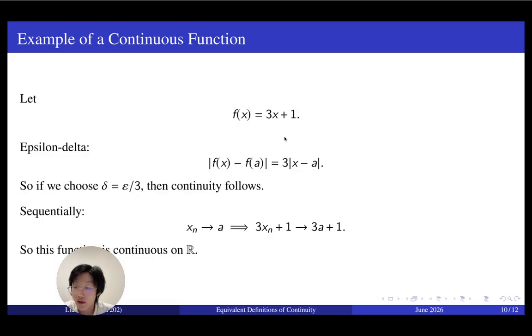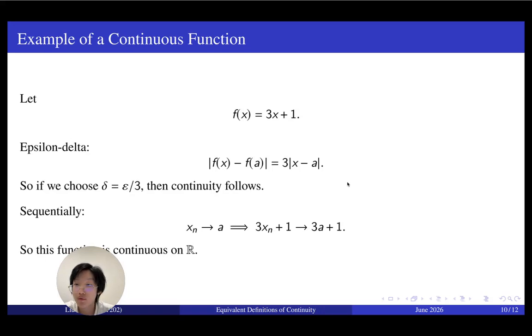Here is a simple example of a continuous function. Let f of x equal 3x plus 1. We use epsilon delta. We have the absolute value of f of x minus f of a equals 3 times the absolute value of x minus a.